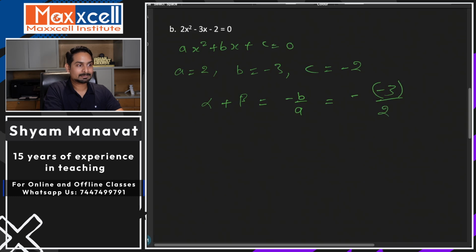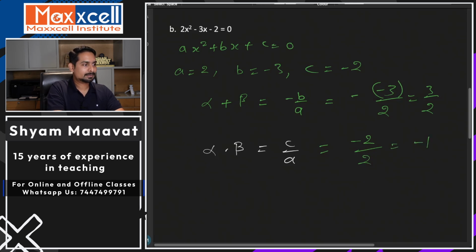So minus into minus will become plus, 3 by 2. Similarly, the product of roots, alpha into beta, is equal to c upon a. As per the question, c is minus 2 as per the equation given, and a is 2. So minus 2 upon 2 is minus 1. Yes? Did you get the sum of roots and product of roots? Remember this formula? Yes, note this formula.